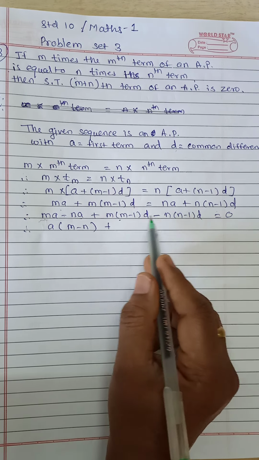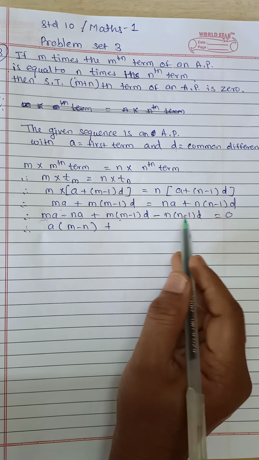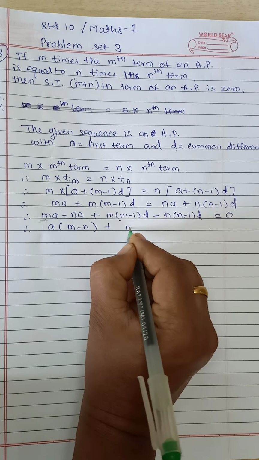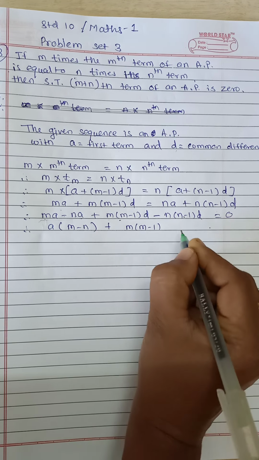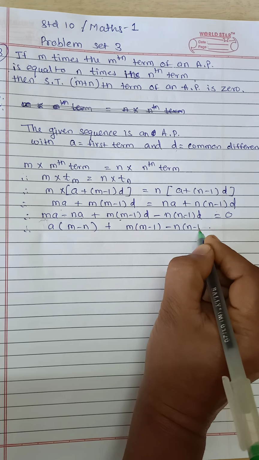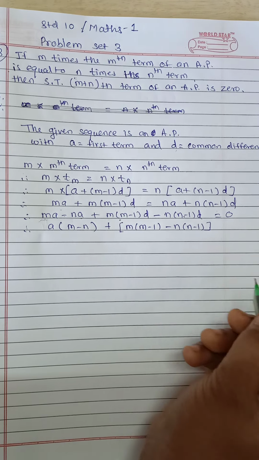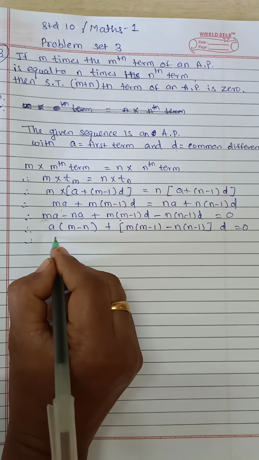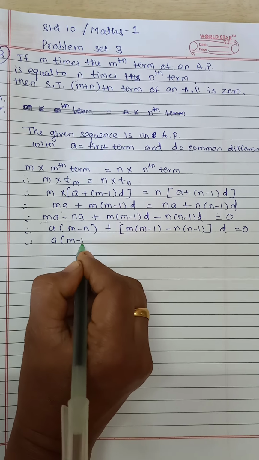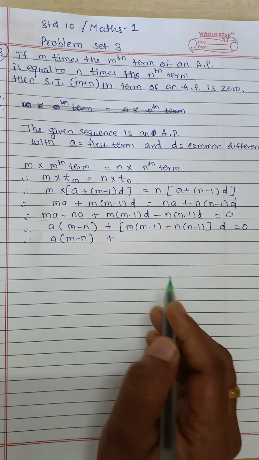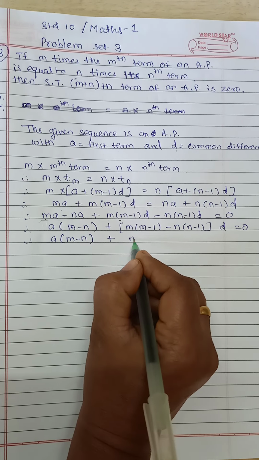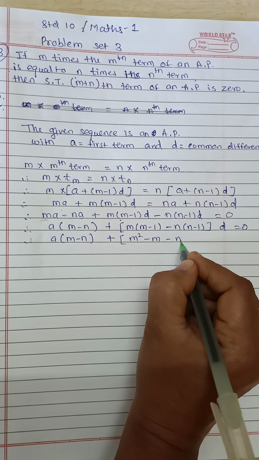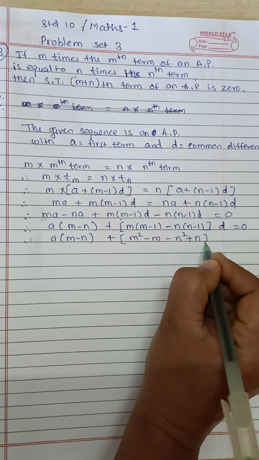Now in these two terms d is common, so we'll write d behind and write these two terms first, minus n into (n minus 1), in the square bracket, and d is outside, is equal to 0. Therefore a into (m minus n) plus, now we'll multiply this, m square minus m minus n square plus n, into d.